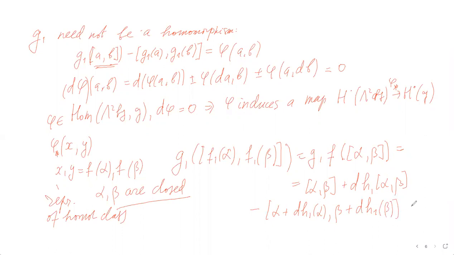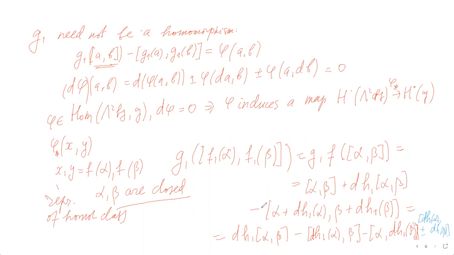So when I open all the brackets, I'll see that alpha commutes with beta vanishes, and the remaining part will look like D of H1 of alpha beta minus H1 of D of H1 of alpha beta minus alpha dH1 of beta, and eventually also have the last but not the least term, which looks like plus minus dH1 alpha dH1 beta.